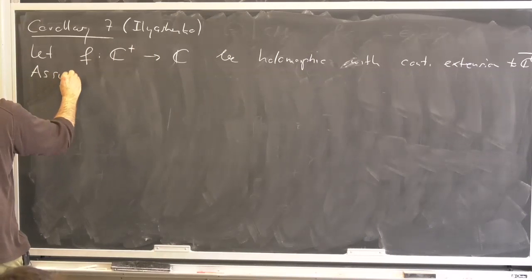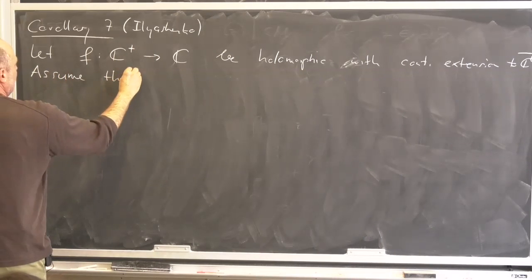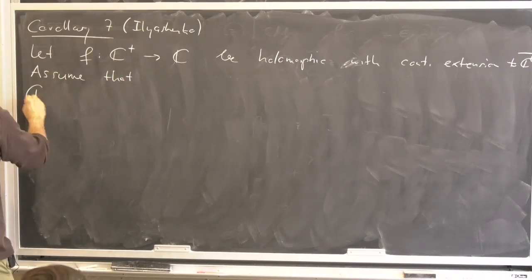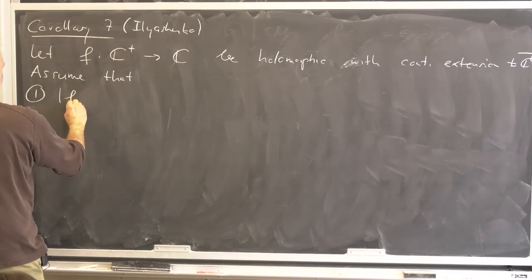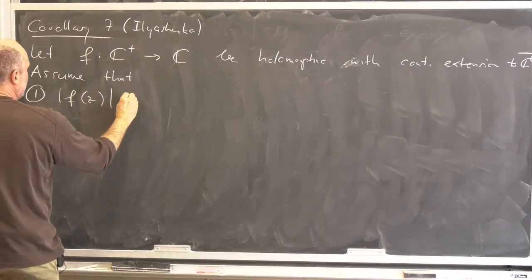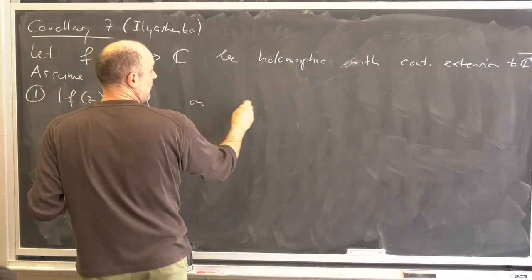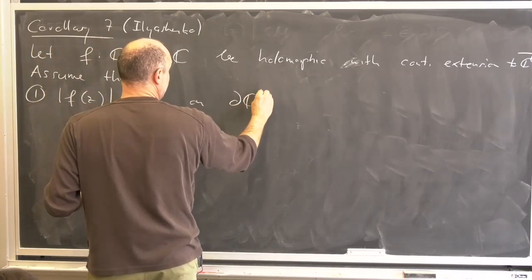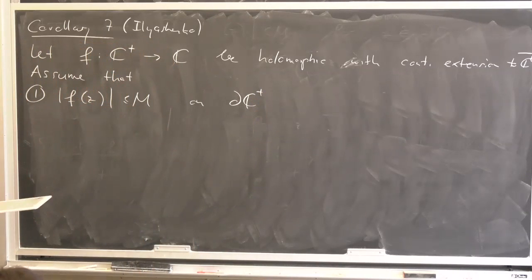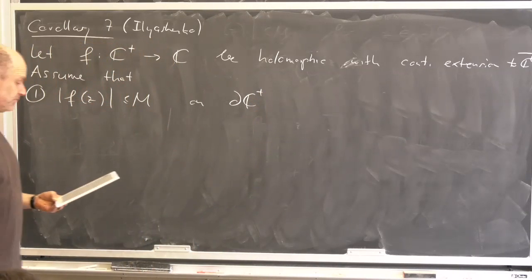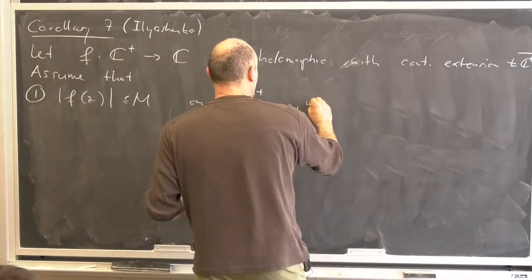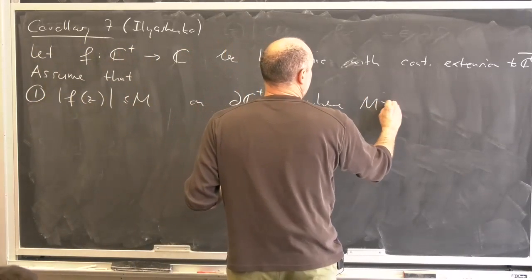And now we're going to assume that one, f is bounded by a certain number M on the boundary of C plus, so on the imaginary axis. So this M is given.